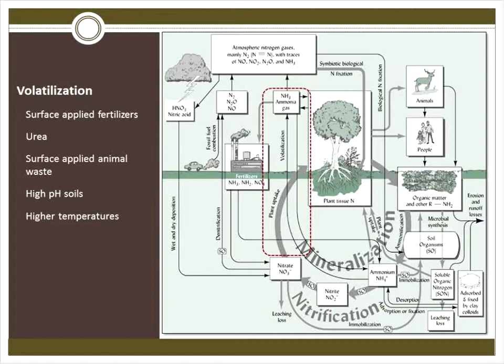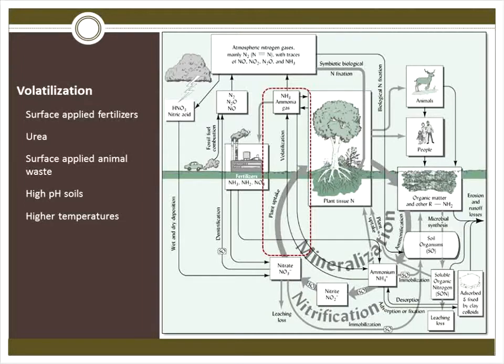Again, surface applied animal waste, the ammonia in those materials can be volatilized. If you cultivate the animal waste or your fertilizers into your soil, or you knife your fertilizers in, or there are even some machines that'll knife some animal waste into the soil, you can really reduce your volatilization.